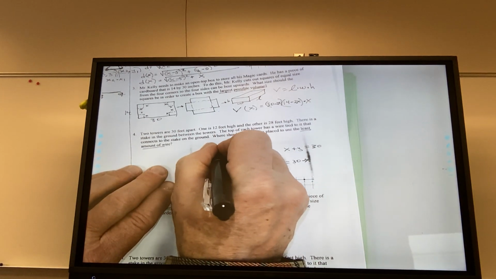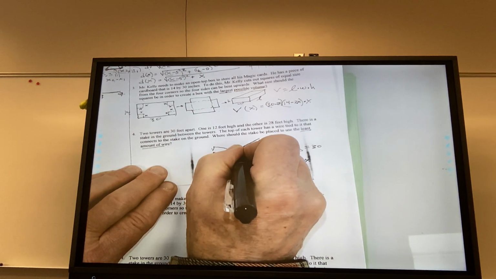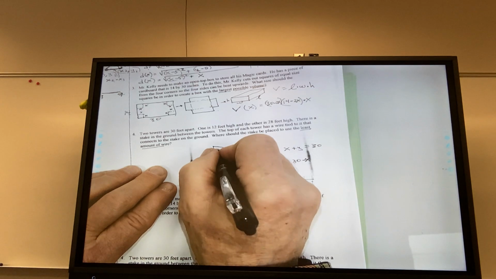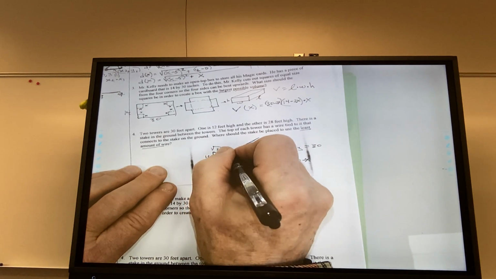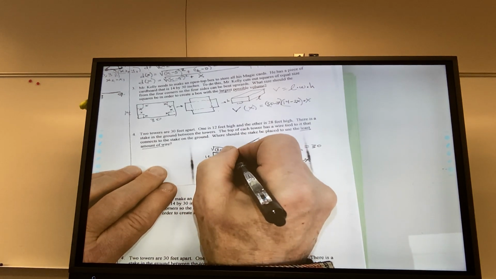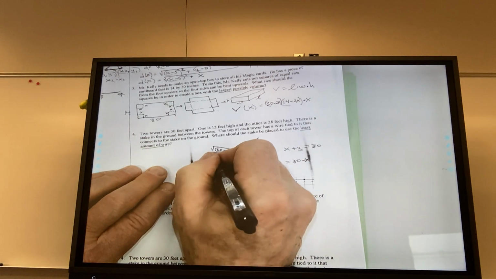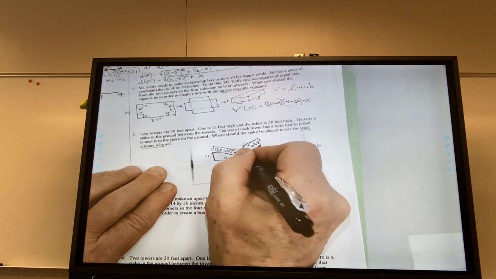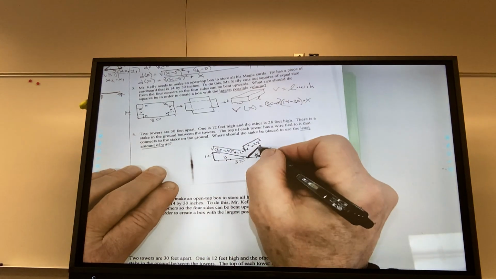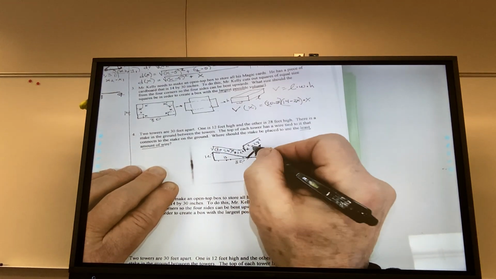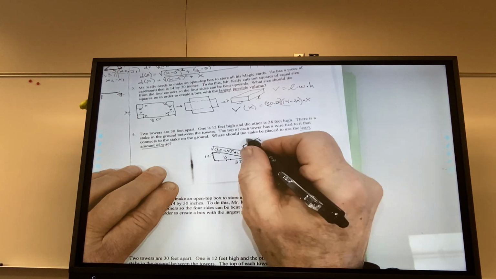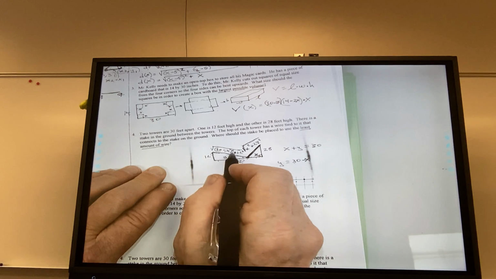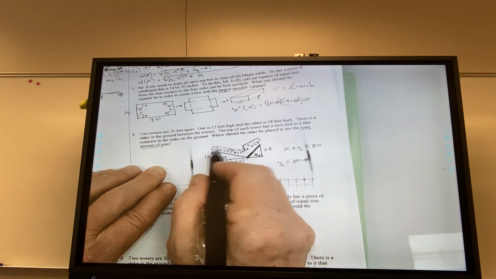Another square root of 30 minus x squared plus 12 squared. So add these two things together to get the length of your wire: the square root of x squared plus 28 squared, and the square root of 30 minus x squared plus 12 squared.